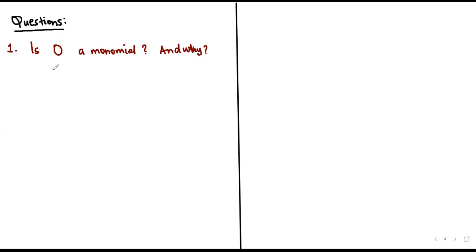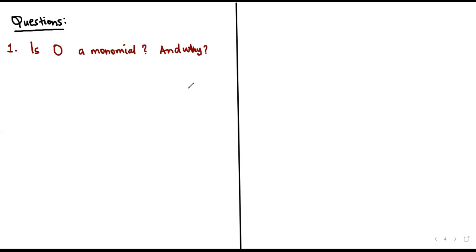So we said that a monomial is any number. Okay, so since 0 is a number, then it means that 0 is a monomial. Okay, and also we said that a monomial can be written as a multiplication of a number and a variable.